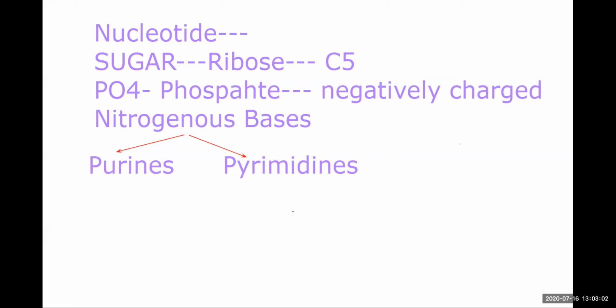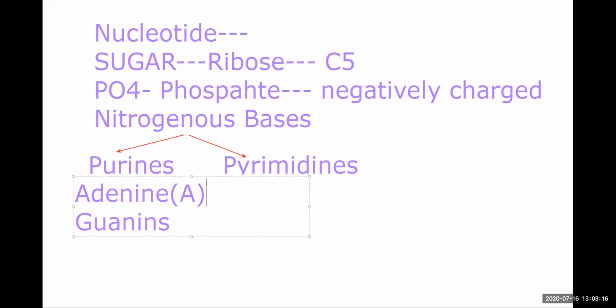What are purines? Purines are adenine and guanine. Adenine is referred to by the alphabet A, and guanine by the alphabet G. Now, what are pyrimidines?